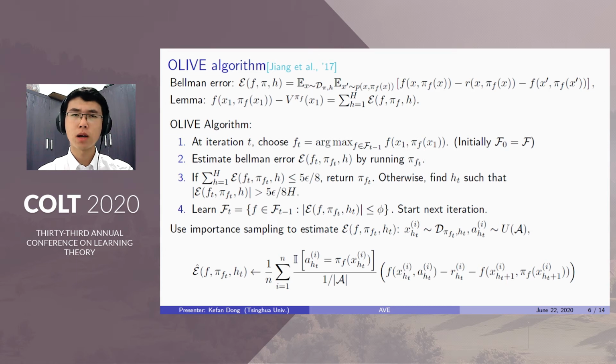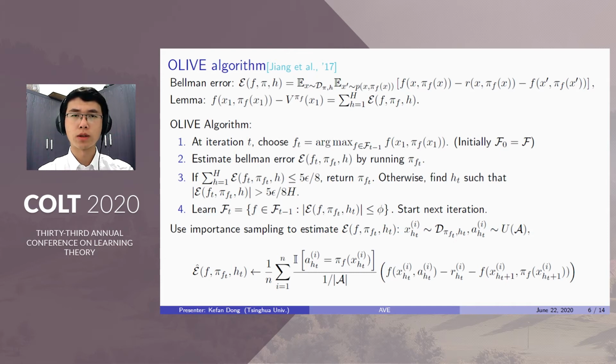When estimating the Bellman error, OLIVE uses importance sampling. The roll-in policy is the same for every function, but the action at layer h is different for different value functions f. So the action at layer h is uniformly sampled. And actually, we can prove that the following equation is an unbiased estimation of the desired Bellman error.